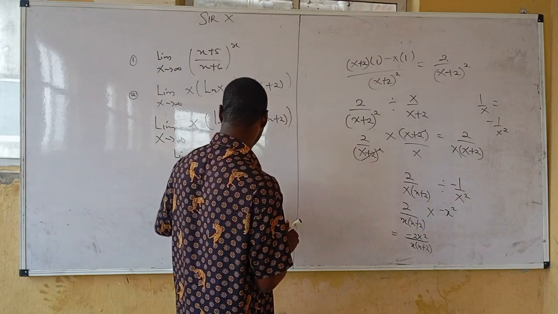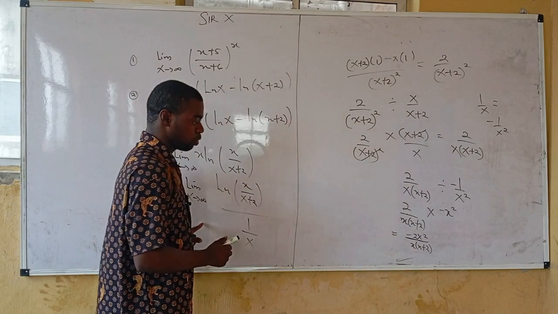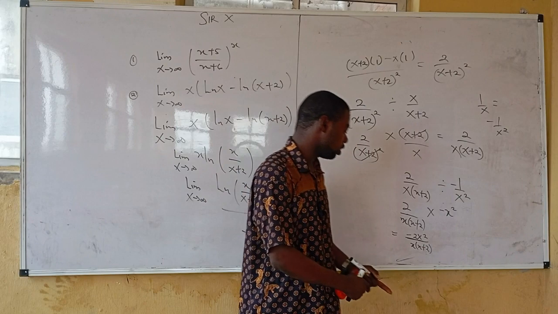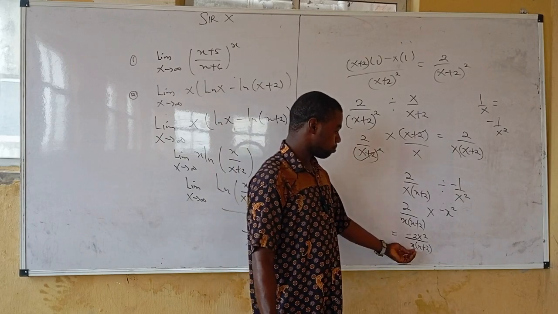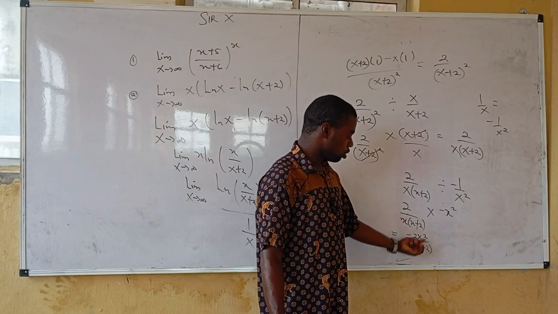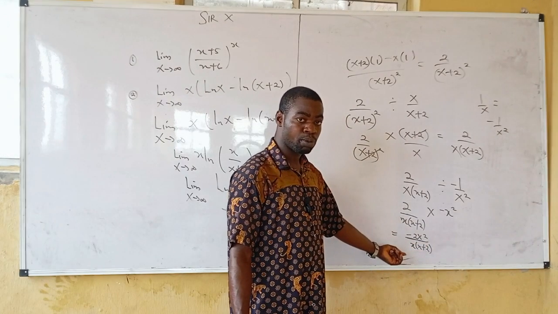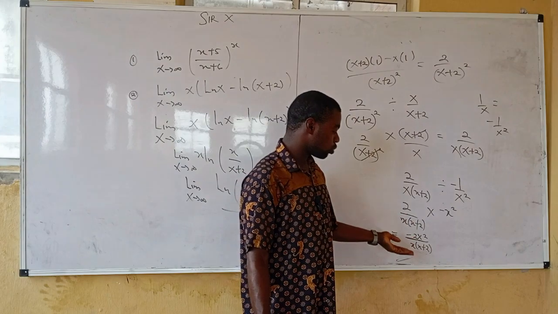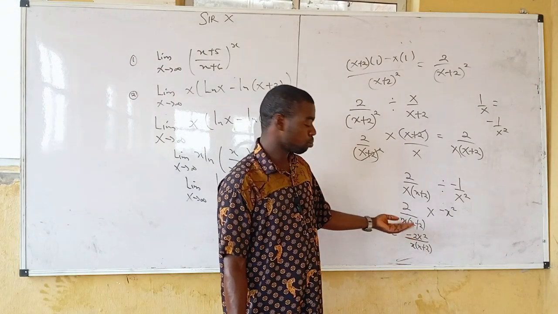And if we take our limit as x approaches infinity, we'll see that the highest power of the numerator and the highest power of the denominator are equal, and therefore our answer will just be the ratio of their coefficients.